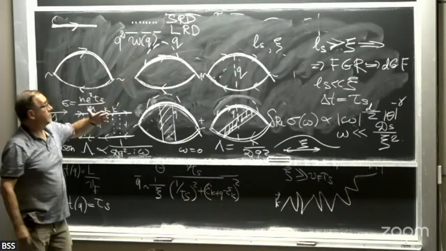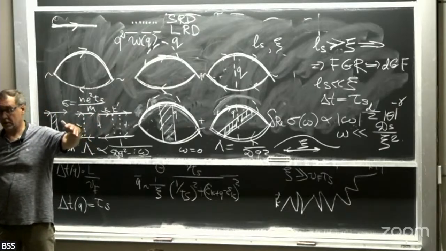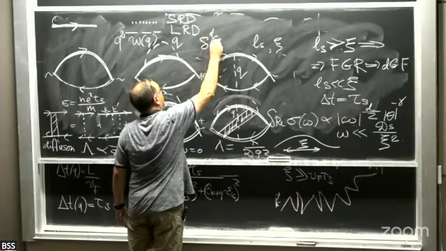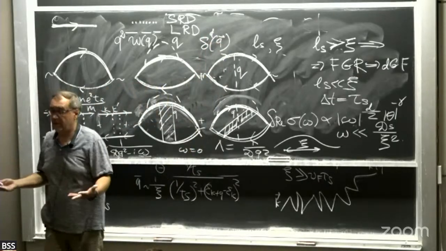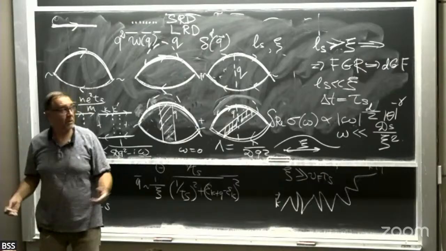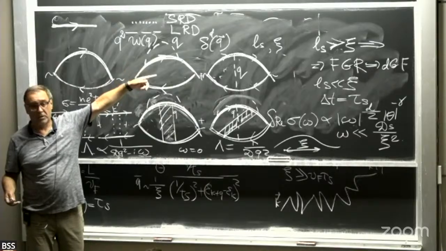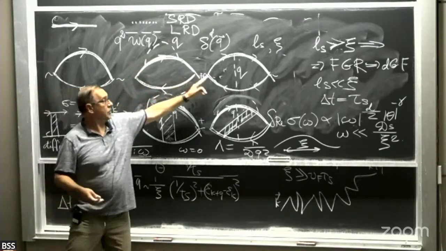Well, because I can think about infinitely long range disorder, which would be a delta function in q space. There should be no physical effect due to this long range disorder. Therefore, I should have weight which vanishes at q going to 0. And this weight is coming from the rest of the diagrams.